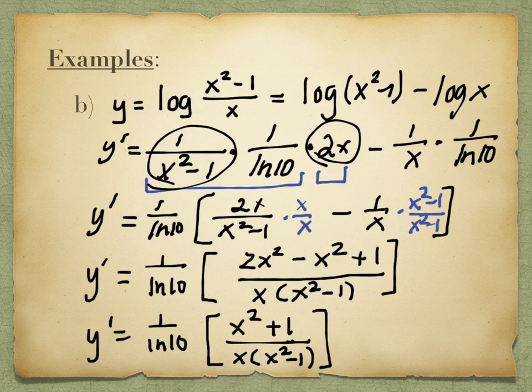So this is the best it gets here. I have 1 over natural log of 10 times x squared plus 1 over x times x squared minus 1. Even if I factored x squared minus 1, which I could, it's x plus 1 times x minus 1, just difference of squares. I can't factor the top. There's not a factoring of perfect squares that are summed together, so there's nothing to do to simplify.